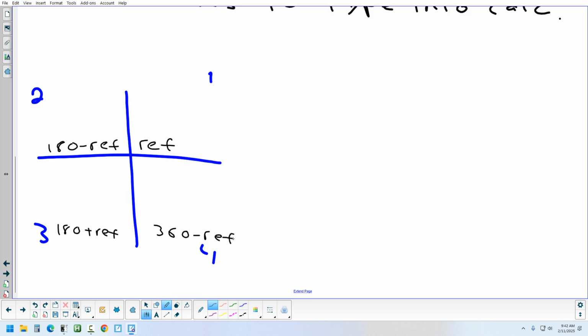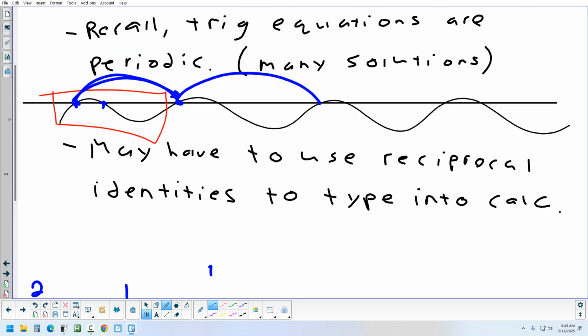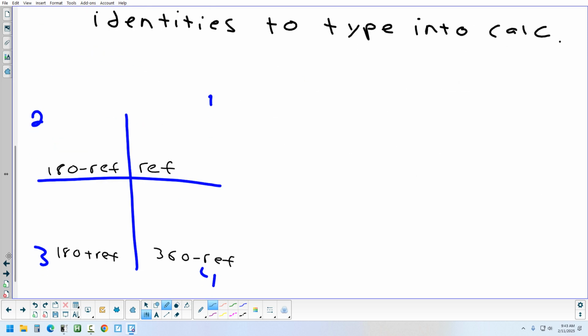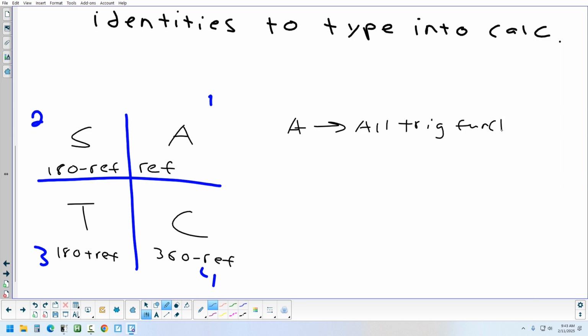But how do you know which quadrant the other answer is in? That's where this part comes in. ASTC. A means all trig functions are positive.